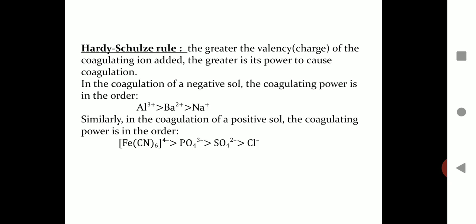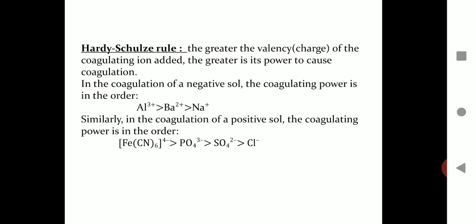So for example, if we have a negatively charged colloidal sol and we want to coagulate it by adding an electrolyte, and suppose we add 3 different electrolytes and compare their coagulating power, and the electrolytes are producing aluminium 3 plus ions, barium 2 plus ions, and sodium unipositive ions, then the coagulating power of these ions can be arranged in the following order.